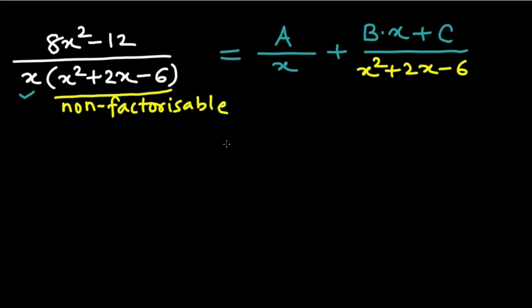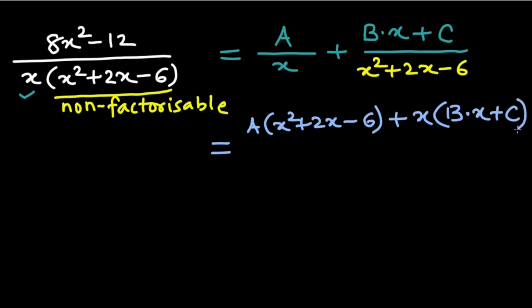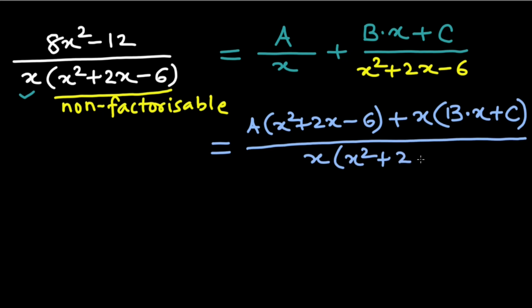By cross multiplication, it will be A multiplied by (x² + 2x − 6) plus x times (Bx + C) divided by x times (x² + 2x − 6). Now here the denominator on both sides being same can be cancelled.